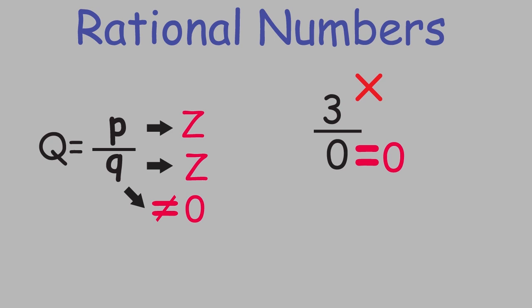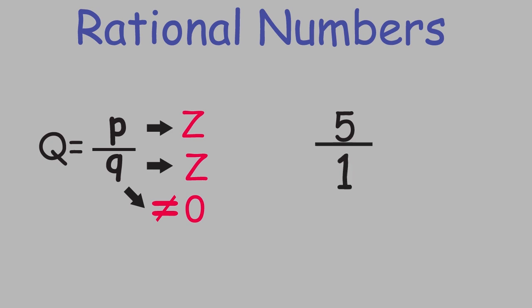So this is not a rational number. If I take the example 5, 5 can be written as 5 by 1. Here 5 and 1 both are integers and q is not equal to 0. So yes, this is also a rational number.